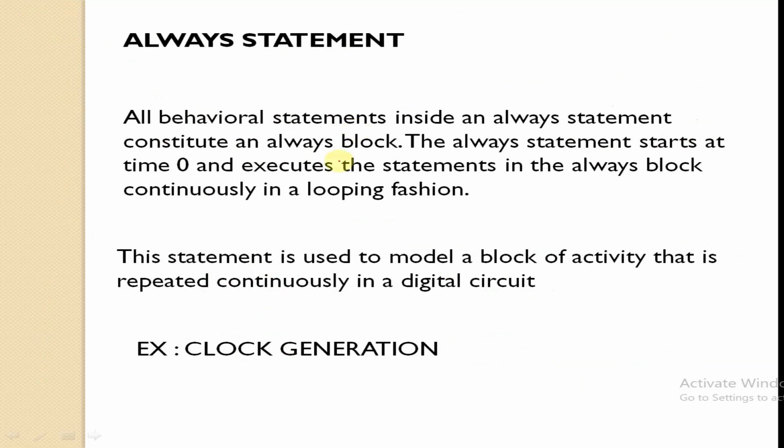And coming to always blocks, all the behavioral statements inside an always statement constitute an always block. The always statement starts at time 0 and executes the statements in the always block continuously in a looping fashion. So let's consider an always block here.